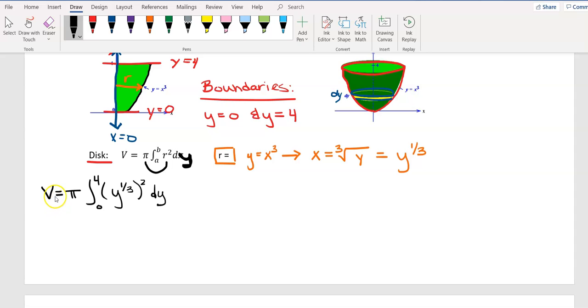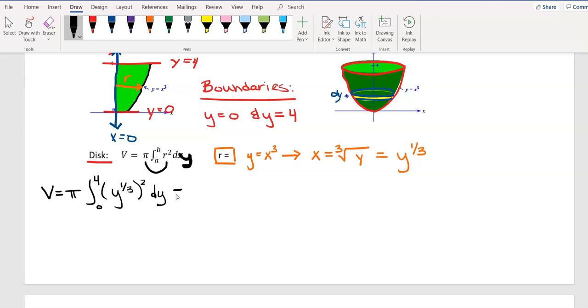So here we have it. Volume is equal to our constant pi times the integral from 0 to 4, which were our boundaries, of our radius, which was expressed in terms of y to the 1/3, squared, so our radius is being raised to the second power, dy. Now, I would suggest simplifying this.